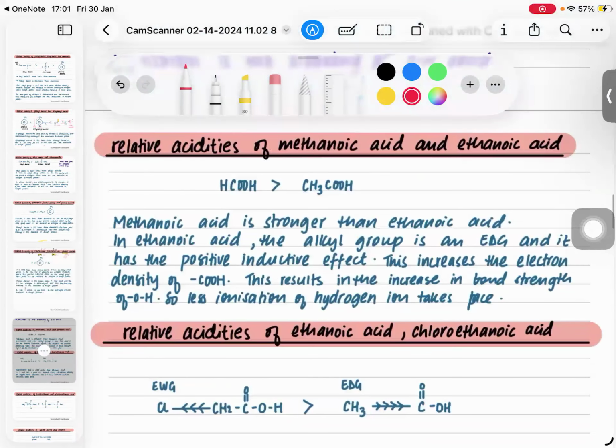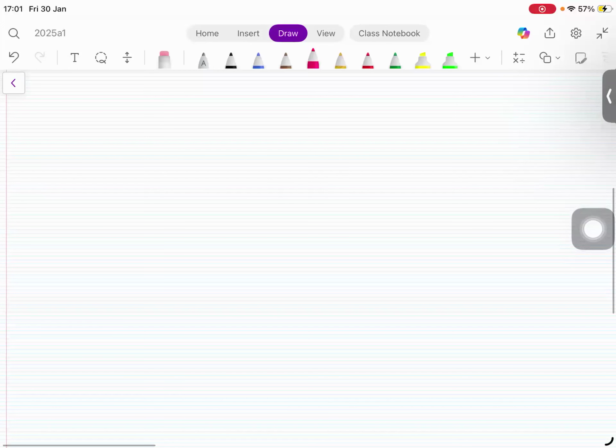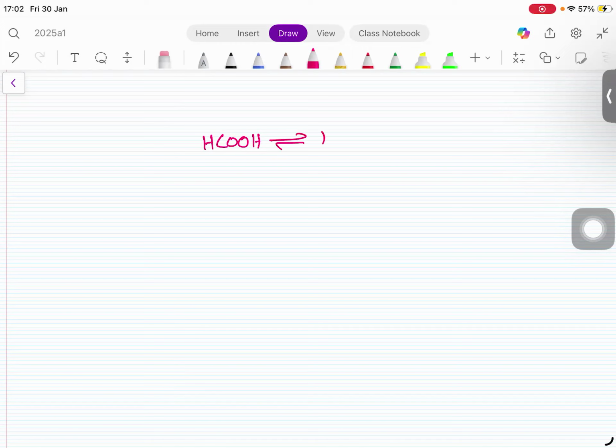Okay, now come to the relative acidities. A quick go through the relative acidities again. Please pay attention. I told you the other day, acidity is actually linked with ionization. Like HCOOH, it ionizes to give HCOO negative plus H positive ion.